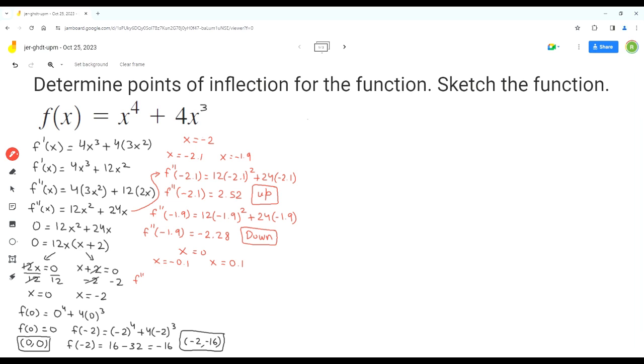So double prime of f at negative 0.1 equals 12 times negative 0.1 squared and then plus 24 times negative 0.1. Now we can evaluate this expression.